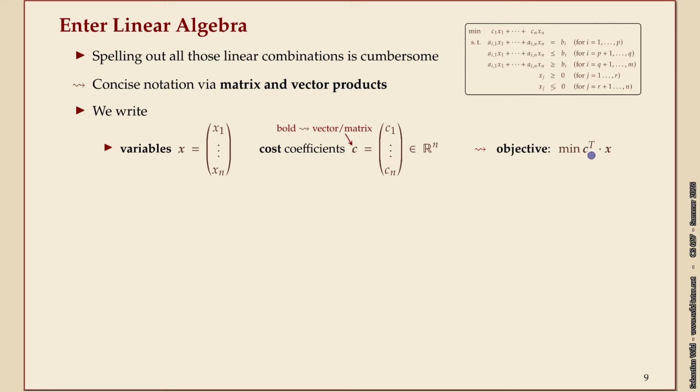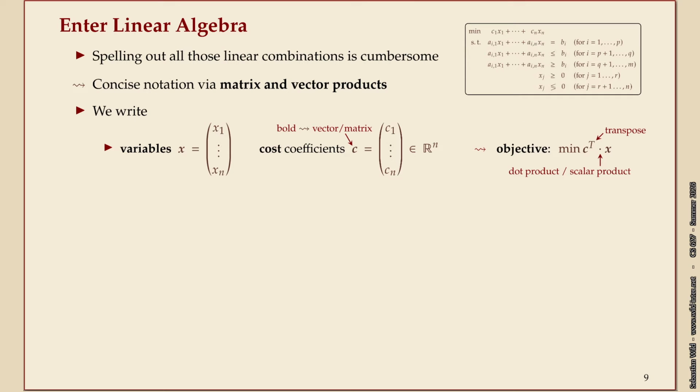And so I have to take the transpose of the c vector, because then c lies here and x is a vector there. That's how you do a dot product, put one on top of the other as in matrix products, and you get back a number.